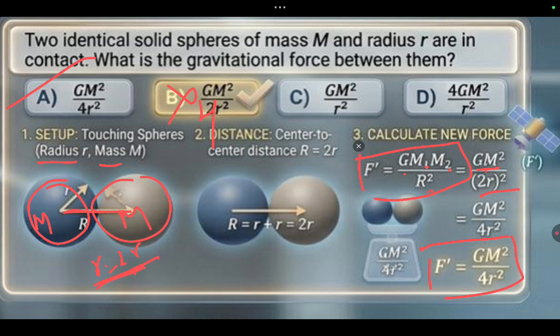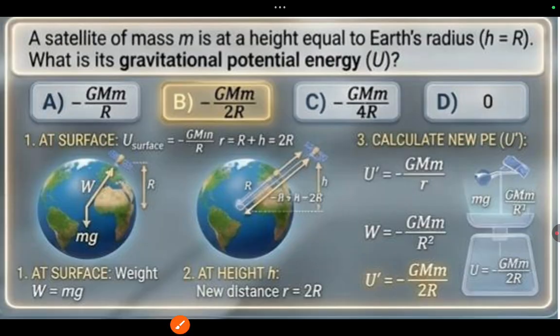Okay, clear? Now, a satellite of mass m is at a height equal to the Earth's radius, that is h equal to r. What is its gravitational potential energy? The gravitational potential energy formula is U equal to minus G M m by r.